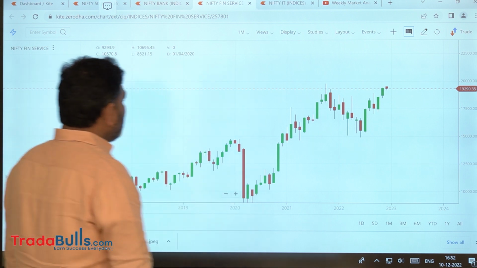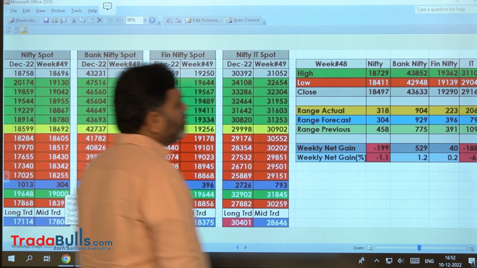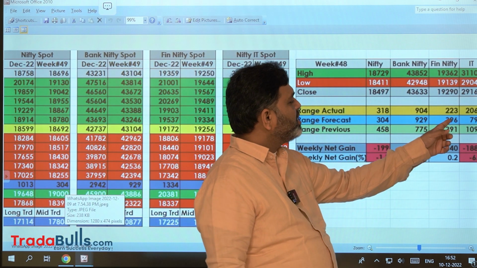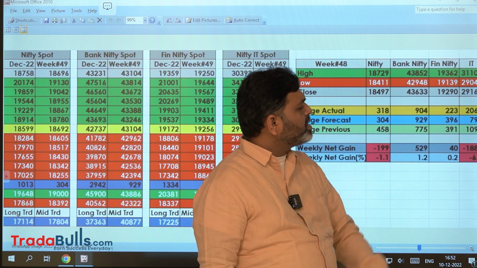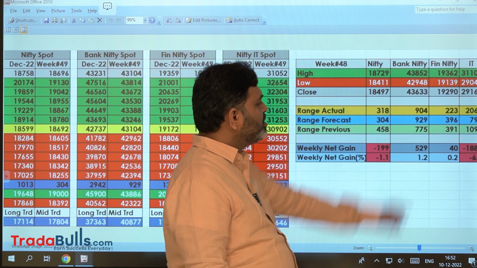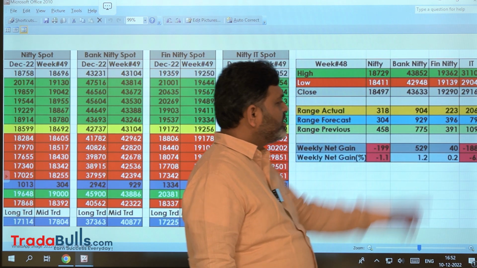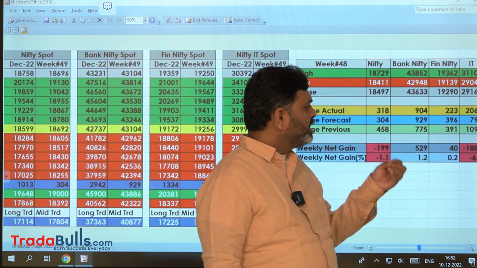So coming to our statistical analysis, Fin Nifty formed about 223 points, and what we anticipated was about 400 points, and the previous week range was about 390, the previous to previous week range also 391 points. So comparatively, our anticipated range and the previous weeks' range, it's very less.